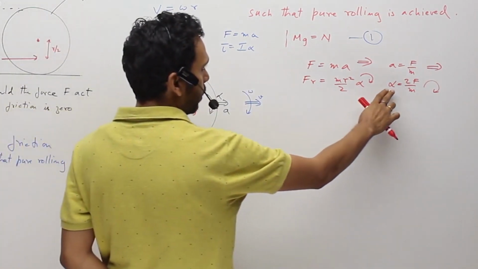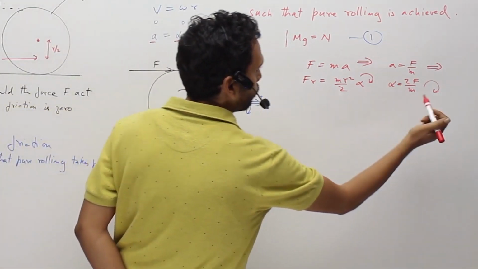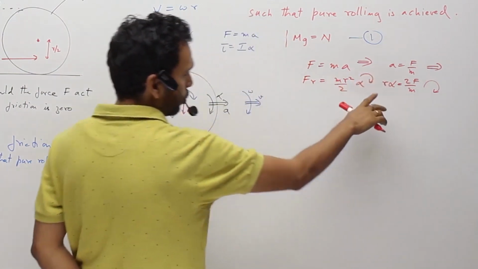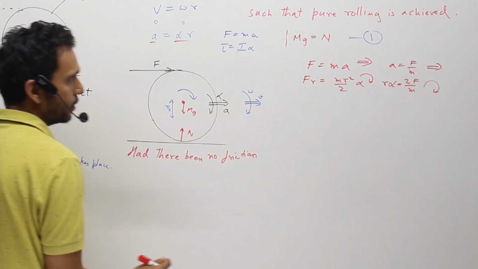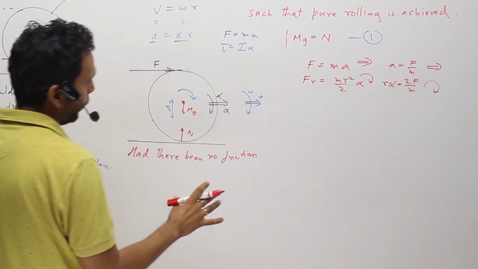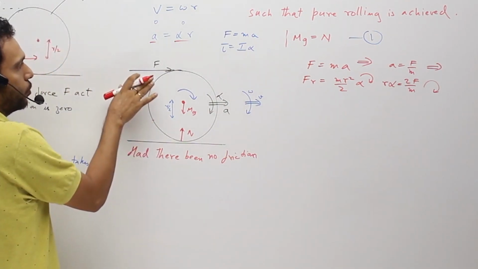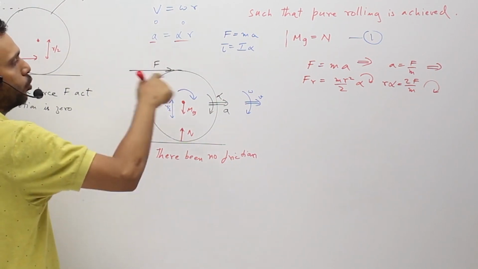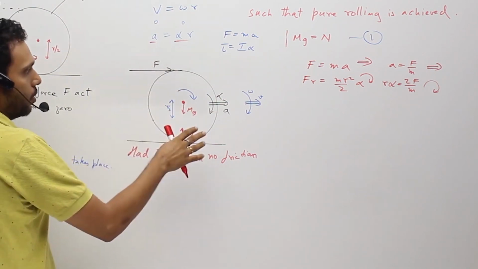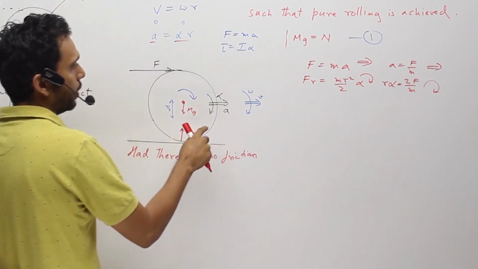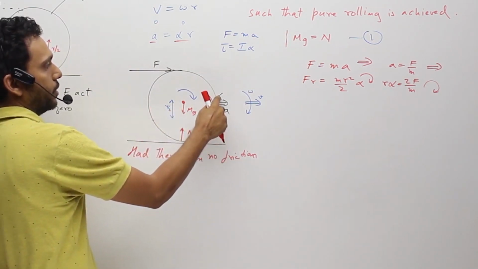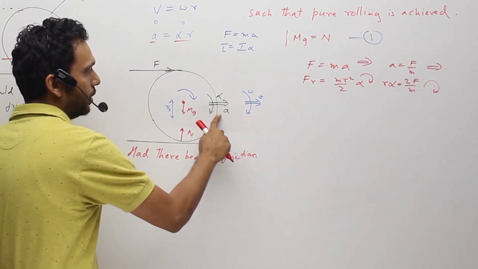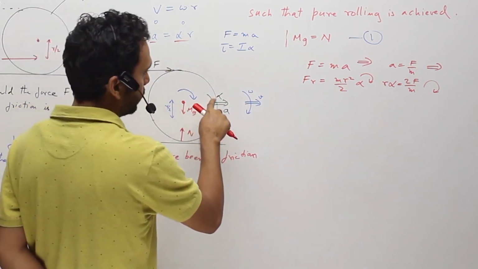What we see is R alpha is much more than A. It is in fact twice of the acceleration. R alpha is twice of the acceleration. Meaning to say what? If you are putting force right on the top, then it is giving too much of a torque. That torque is more than what is required, and your linear acceleration is not able to match up with R alpha.